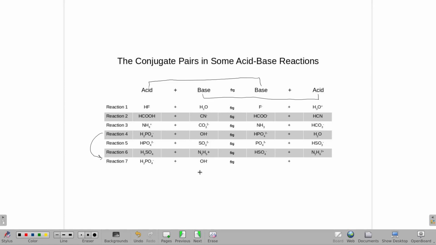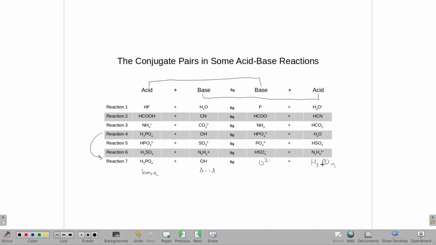So let's say we want this to act like the acid and this to be the base. Now if it was like it's written, the H goes over to make water. But if we're going to have this act as the acid, the base it turns into is O2 minus. It loses that H, and that H ends up over here and makes H3PO4.